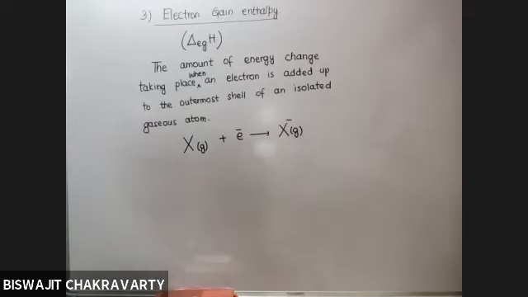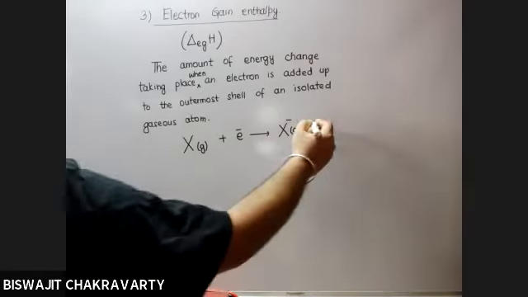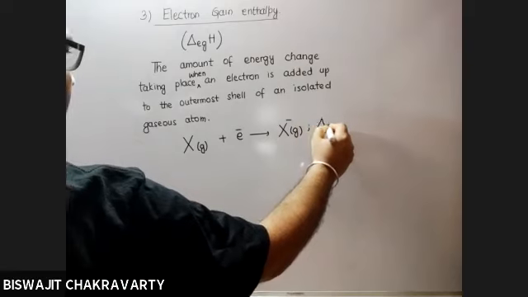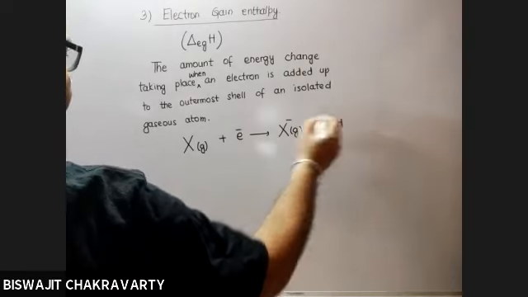When you are adding an electron to an isolated gaseous atom, will it not be converted to an anion? Yes, sir. Okay. Now, when it is converted to an anion, the amount of energy change taking place during this process is referred to as electron gain enthalpy.